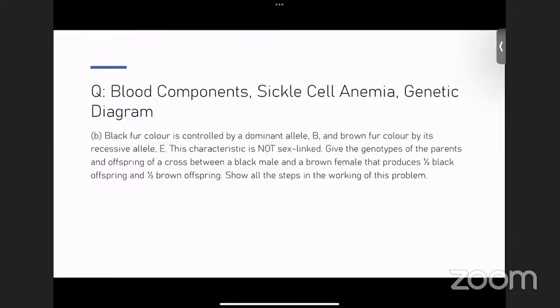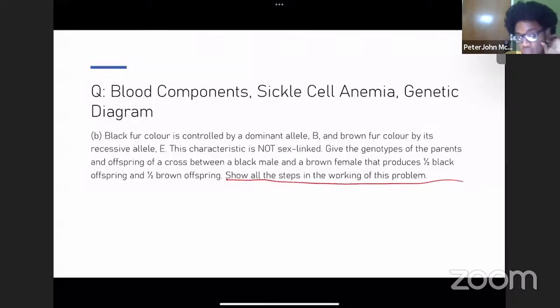Give the genotypes of the parents and offspring of a cross between a black male and a brown female that produces half black offspring and half brown offspring. Show all the steps in the working of this problem. You see that, show all the steps, but we know how to show all the steps. So how do we start?